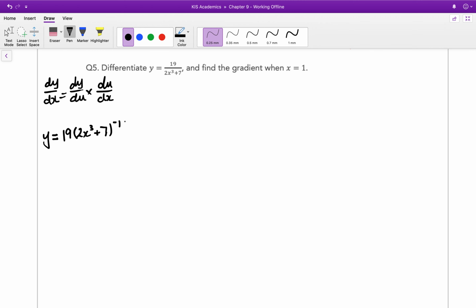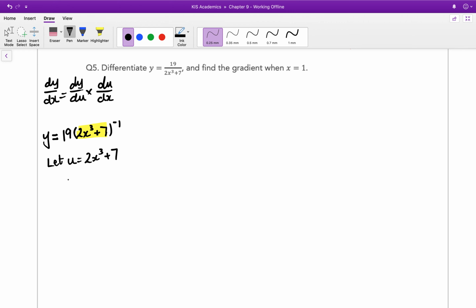So once we write it like this, it's a lot easier to find the derivative because we know how to find the derivative with a power function. So our next step is to define u. We can see that this is the inner function, 2x cubed plus 7. So we're going to let u equal 2x cubed plus 7.